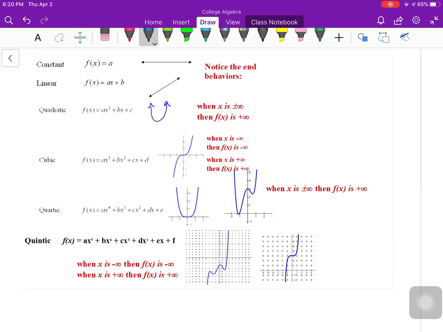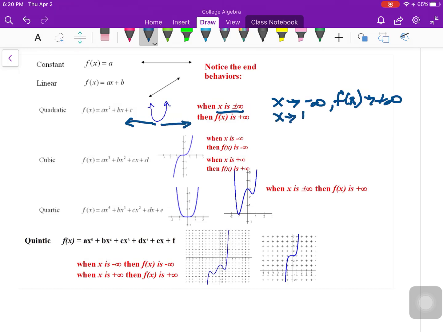We're going to look at a quadratic here. This is a quadratic, so as the x's go negative, the y's go positive. So right here I have, as x approaches negative infinity, y approaches positive infinity.